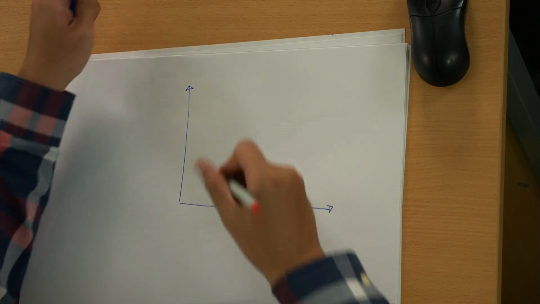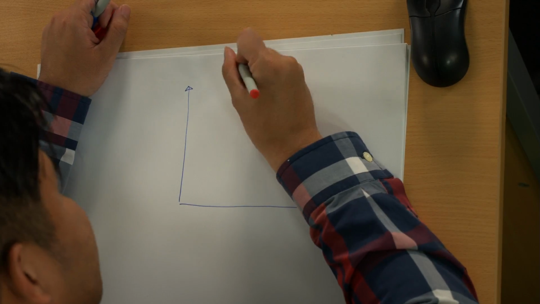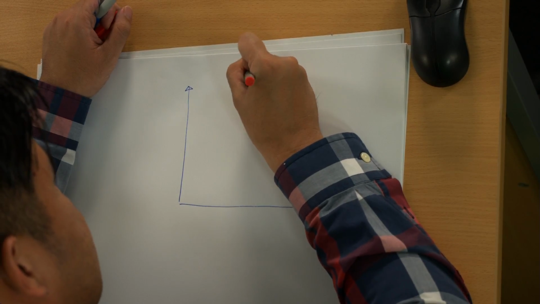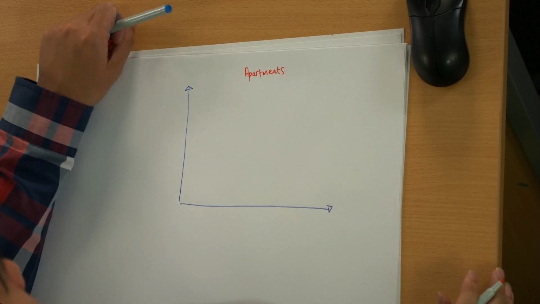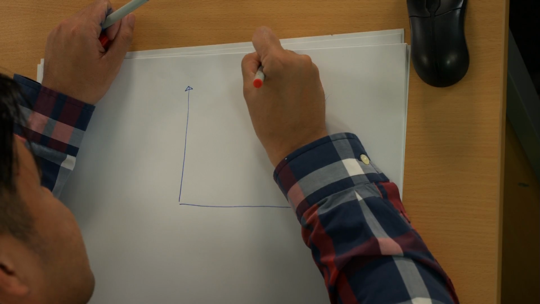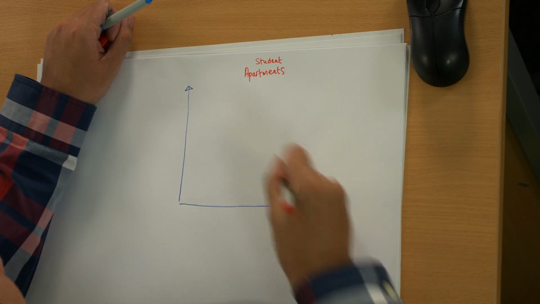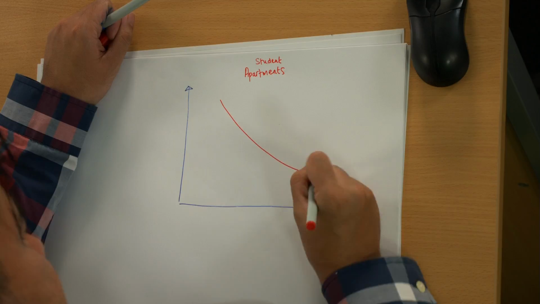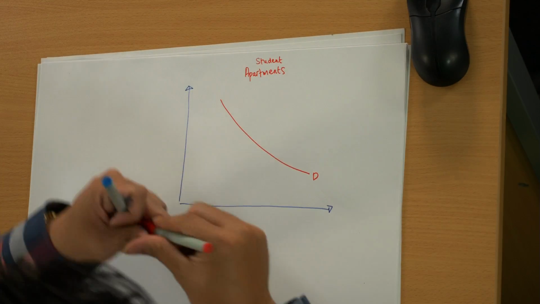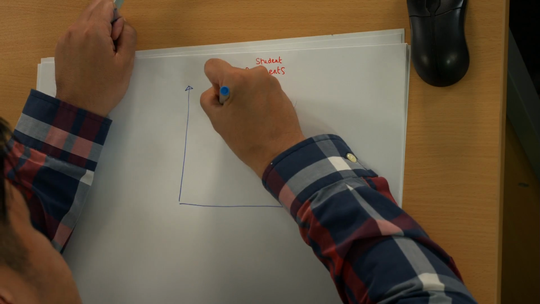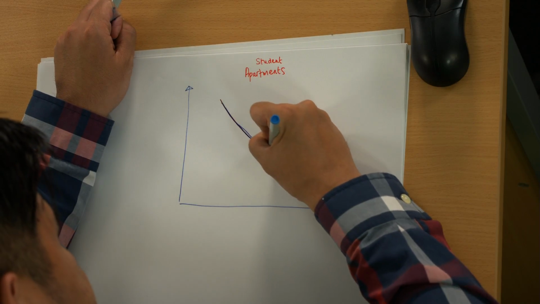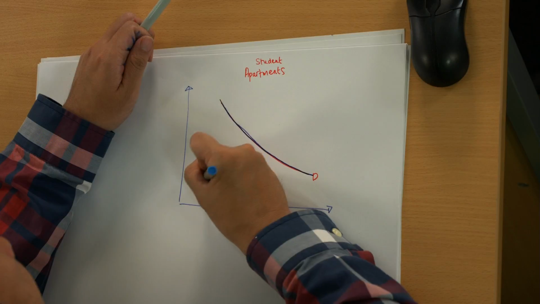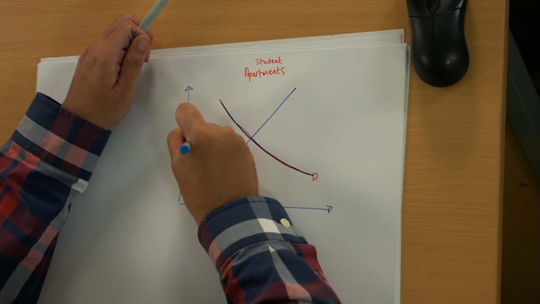So say this is the market for rental apartments for students. Student apartments or student accommodations, right? Demand, supply.